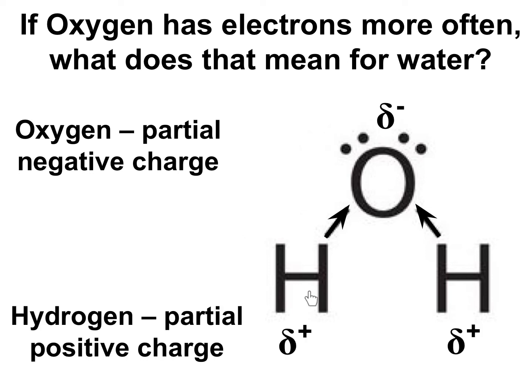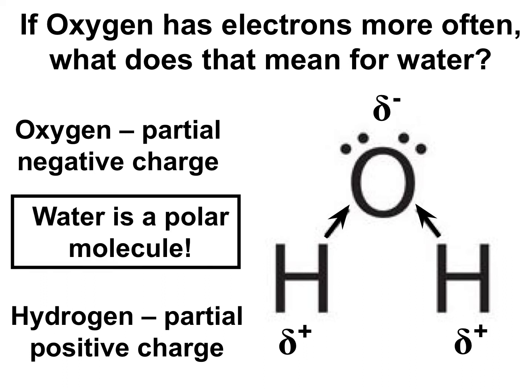On the flip side, since those negatively charged electrons are around hydrogen less frequently, hydrogen is said to have a partial positive charge, marked with the Greek lowercase delta positive here. So since water has opposite charges, positive and negative, on those opposite sides, this makes water a polar molecule.